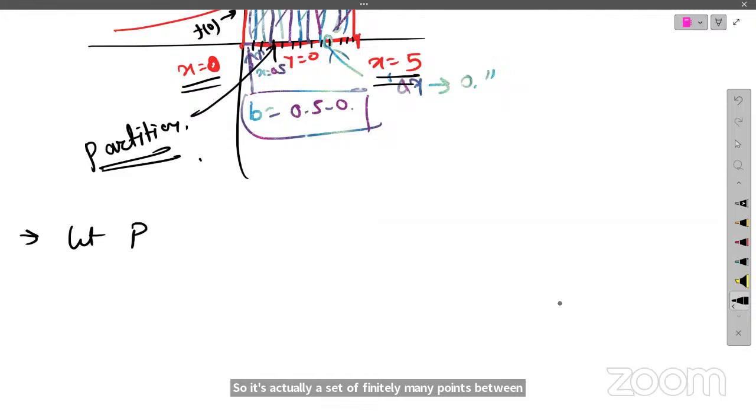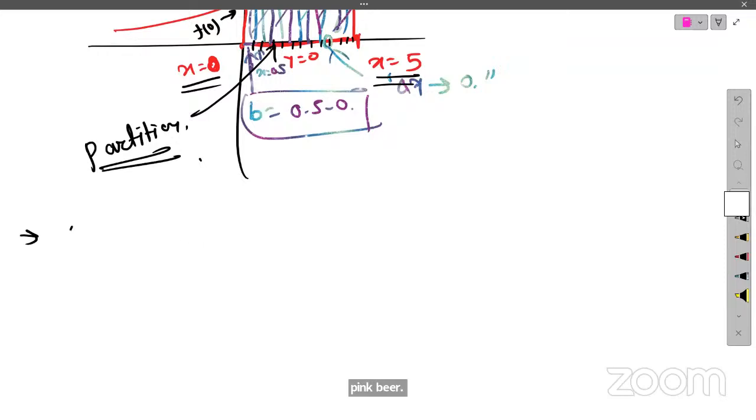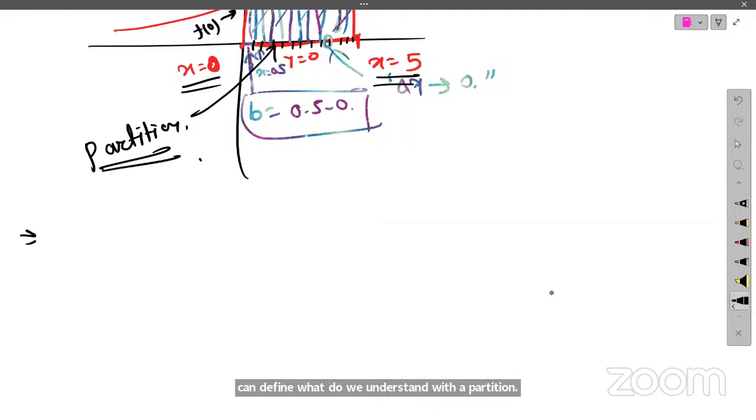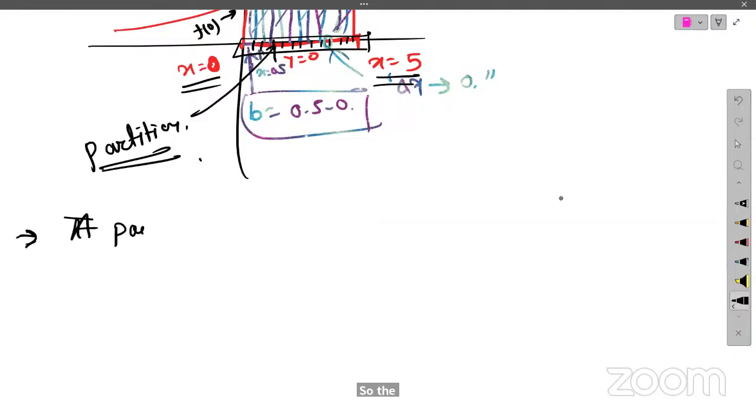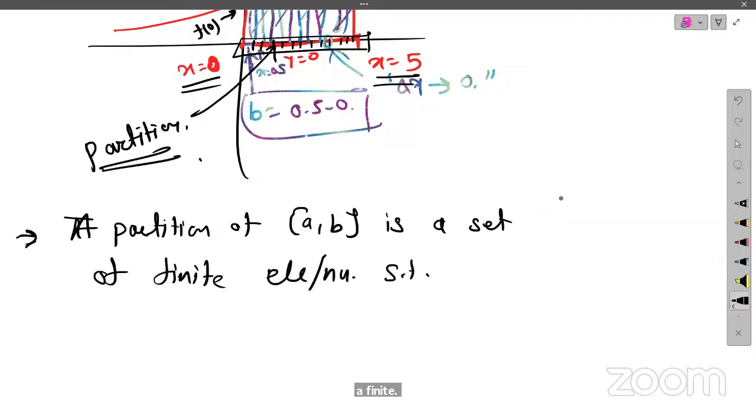So this partition we are using for dealing with this breadth type of situation. A partition of any closed interval [a, b] is a set of finitely many numbers chosen between a and b in increasing order.